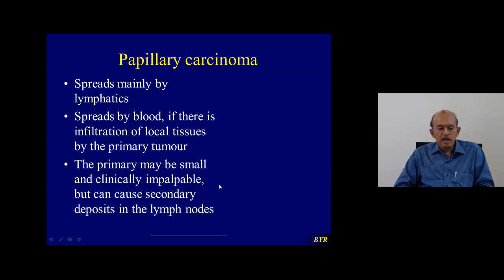Primary may be occult, but it may cause deposits in the neck nodes, the lateral part of the neck. What do you call that condition? Occult primary with secondaries in the neck lymph nodes.